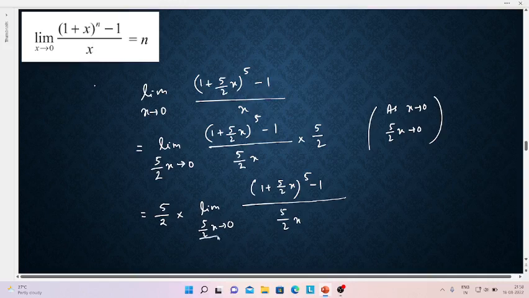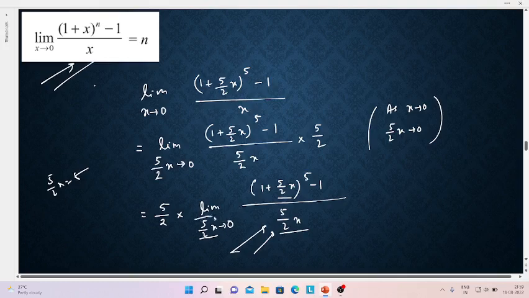Here you can see that part and that part are equal, and that particular part is tending towards 0. So this particular form and that form are actually the same. If we put 5 by 2 times x equals t, then actually these are the same.